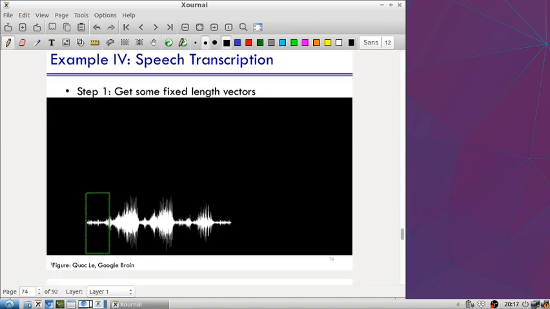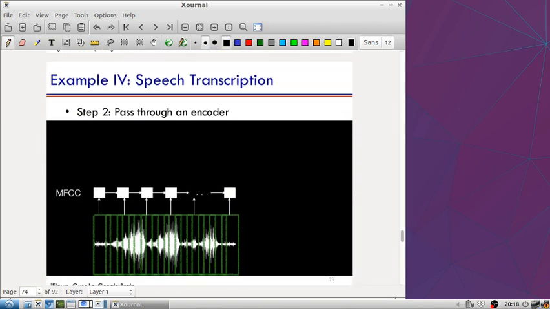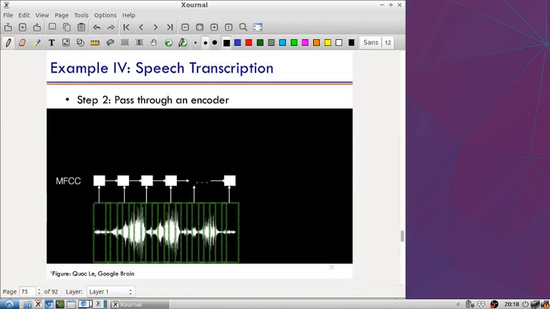You get some fixed length vector. So how do you do that? You chop the waveform. So this is a waveform in time. It's actually like a bunch of overlapping sinusoids. You chop it into several parts, maybe overlapping.